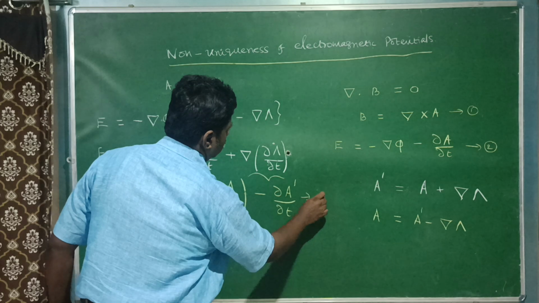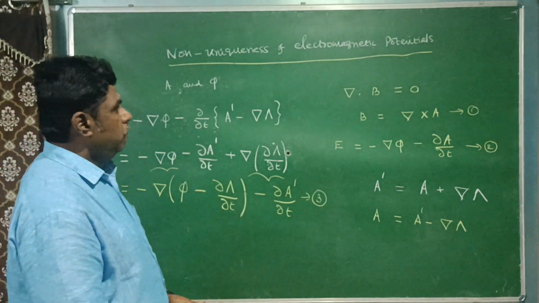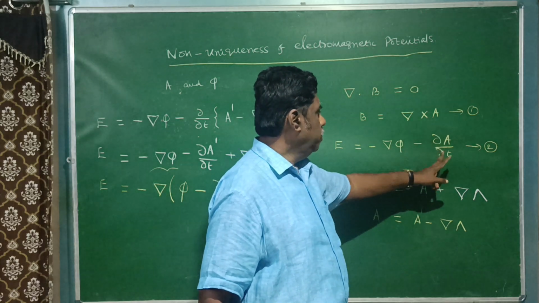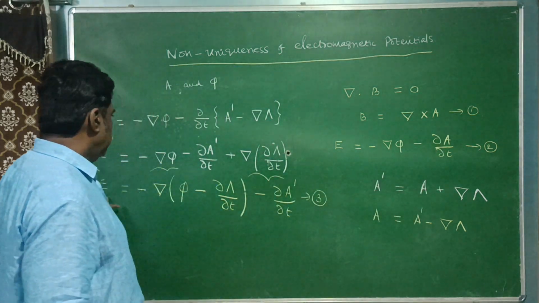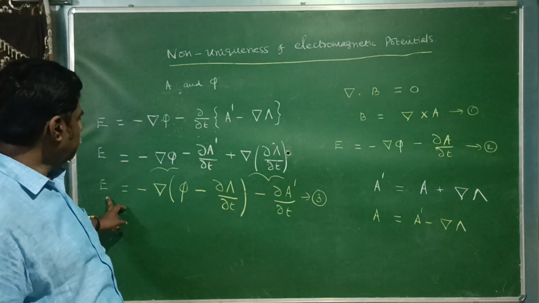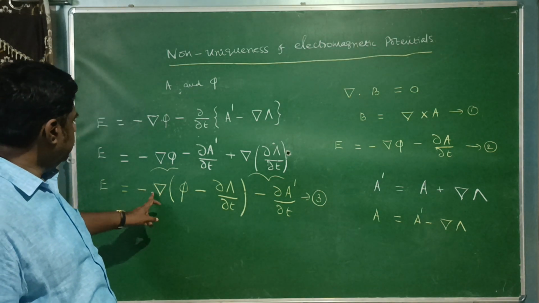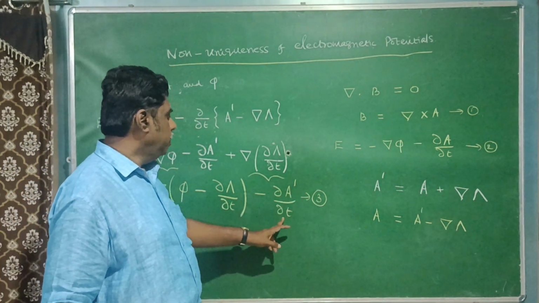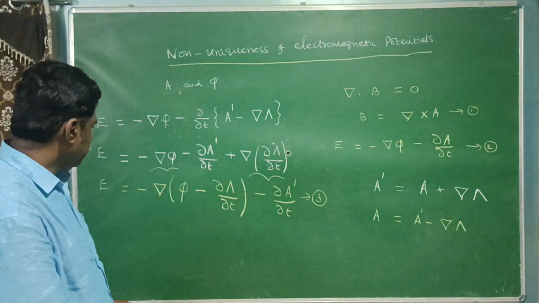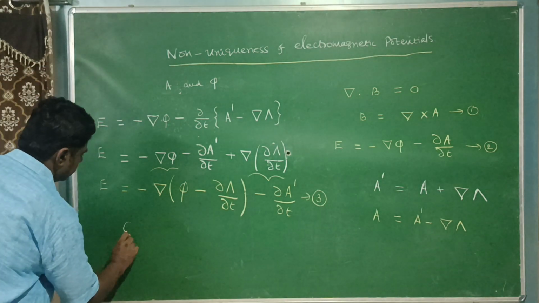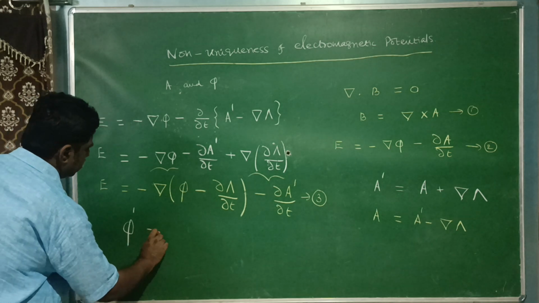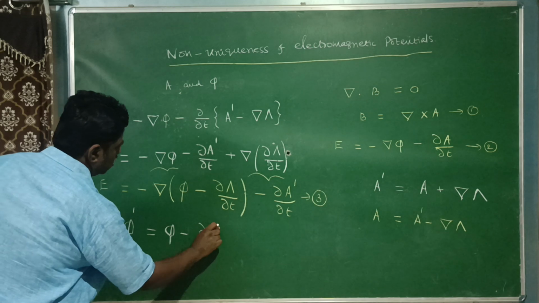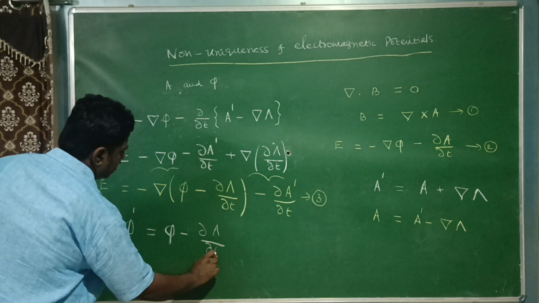This is equation 3. See equation 2: E equal to minus grad phi minus dou A by dou t. Here equation 3 represents E equal to minus gradient of phi minus dou lambda by dou t, minus dou A dash by dou t. Therefore, we may say phi dash equal to phi minus dou lambda by dou t.